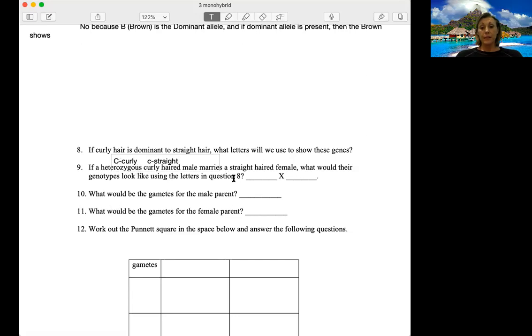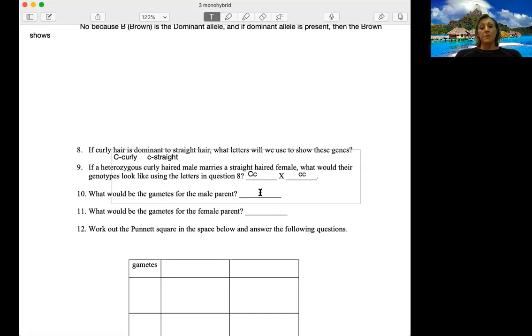So the curly-haired male is heterozygote curly hair, big C, little c. And a straight-haired female would be little c, little c.